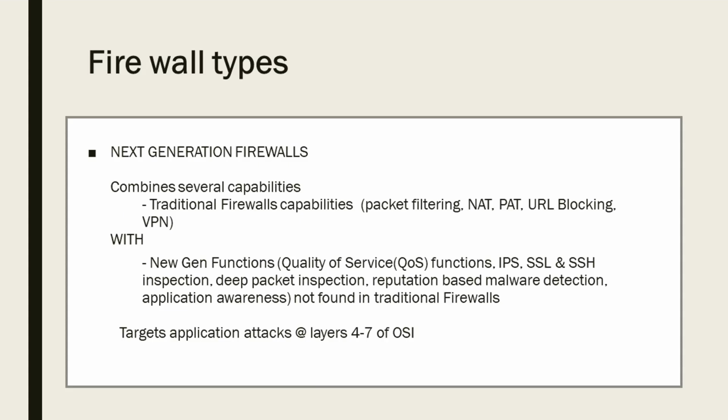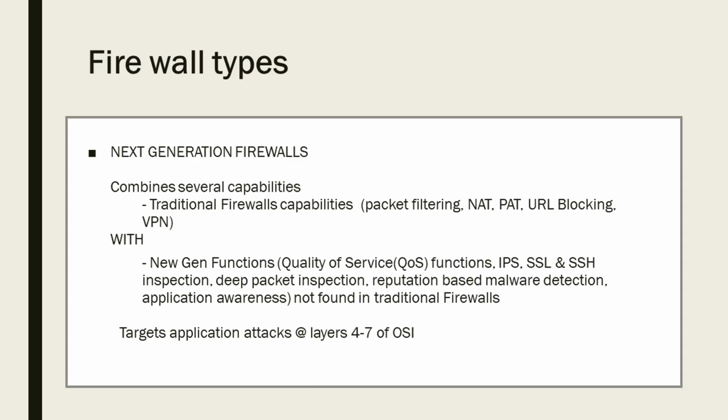These are functionalities that don't come with a traditional firewall. So the next generation firewall provides all these extra features, making a deeper interrogation into every packet that is passing through the network.